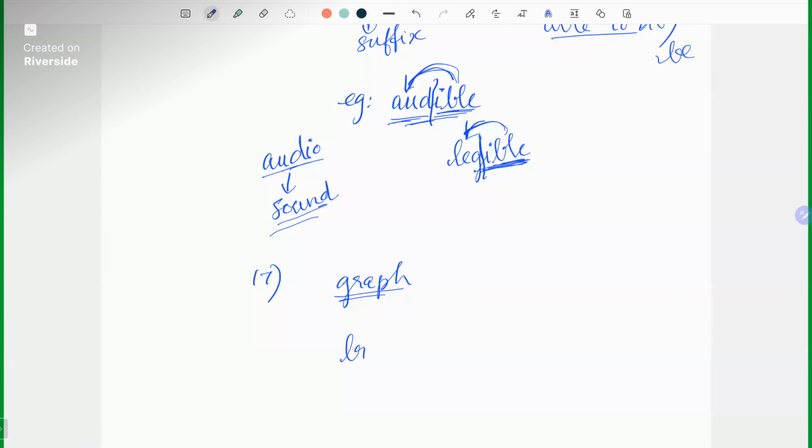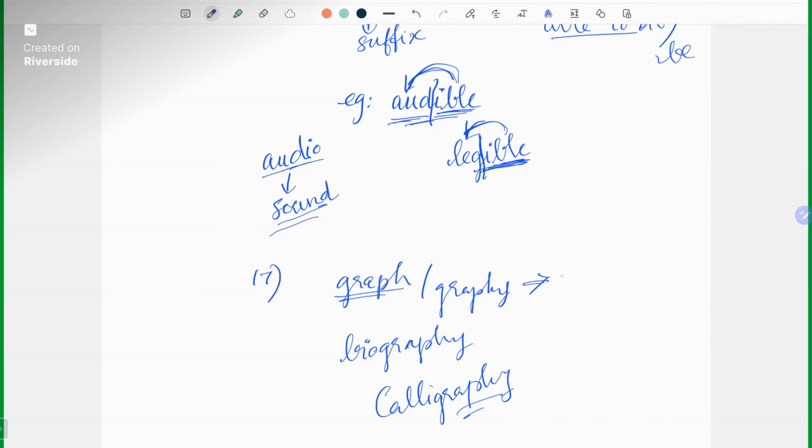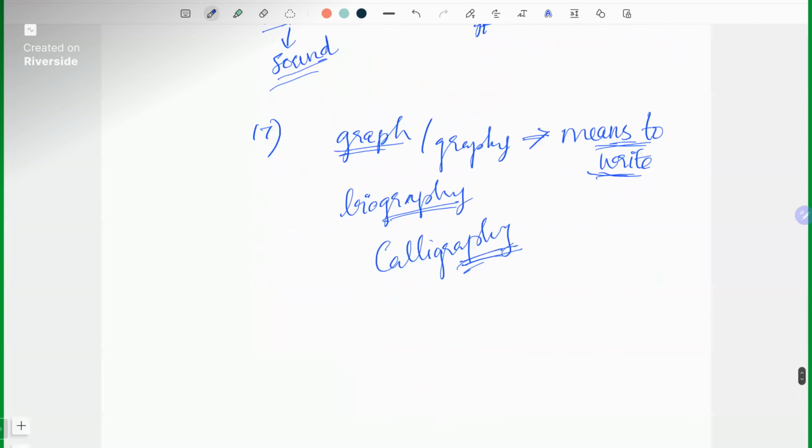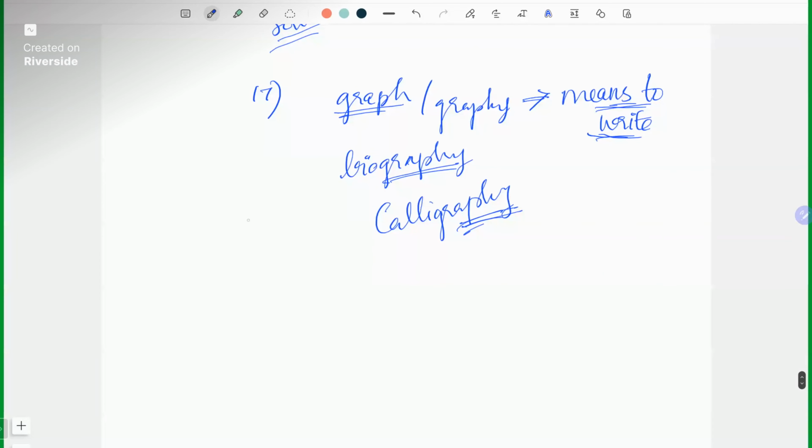Graph, or graphy: biography, autobiography, calligraphy. The direct meaning is some written form, that is graph. So even if it comes in the middle of a word, you should apply the same meaning and see, not just in a prefix.